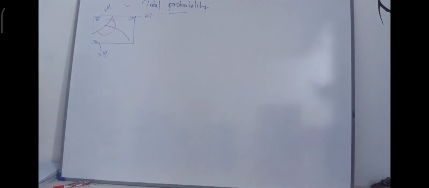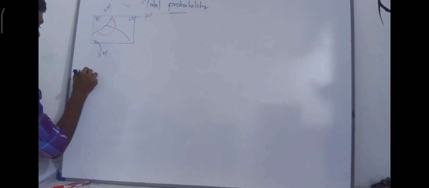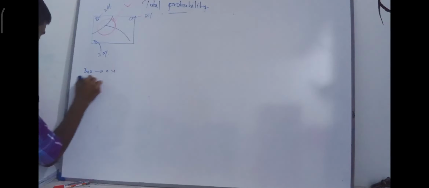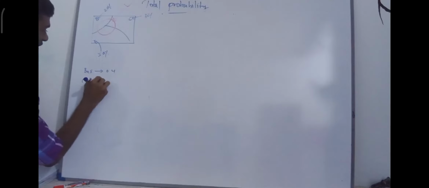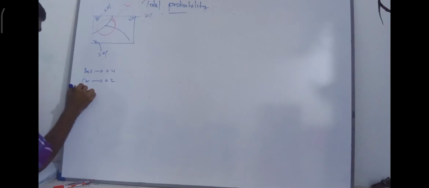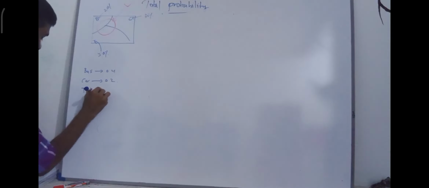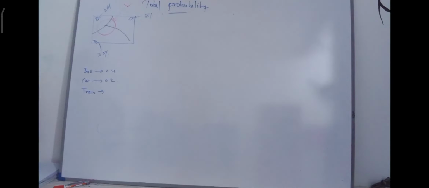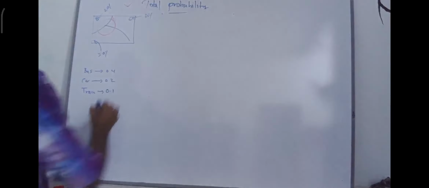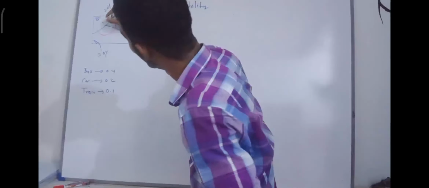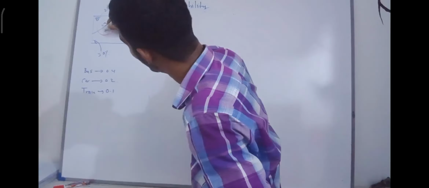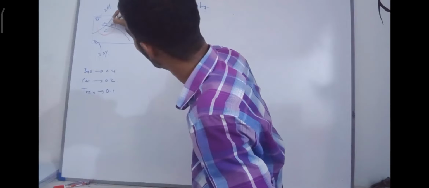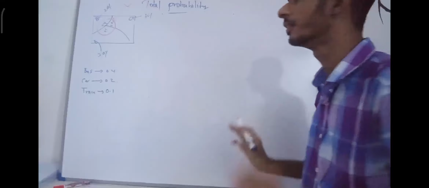Now the probability that E-class reaches his office late: when he takes the bus, that is 0.4, when he takes the car, that is 0.2, and when he takes the train, that is 0.1. This is what they have given.